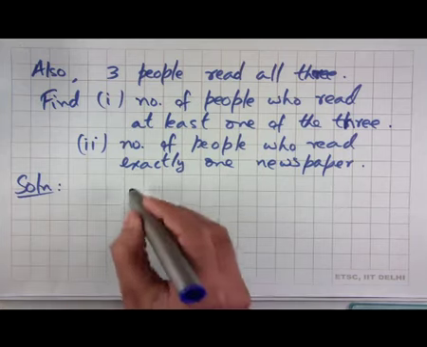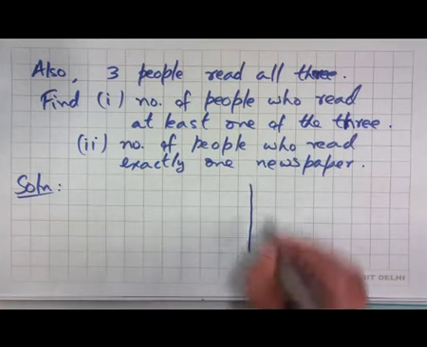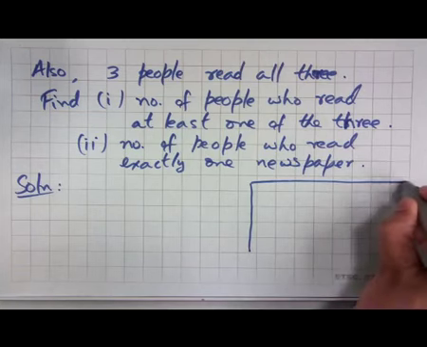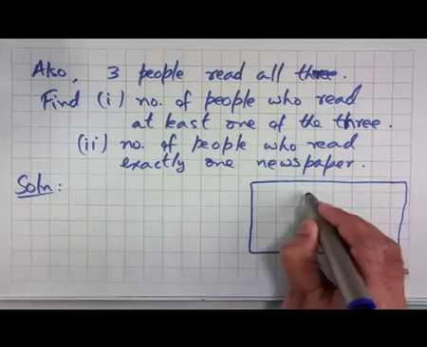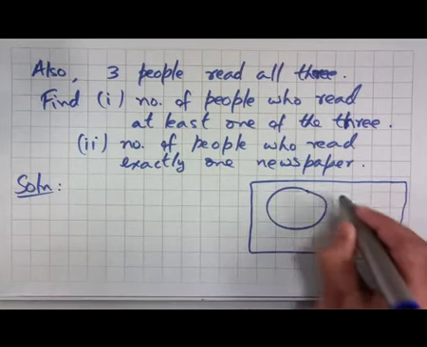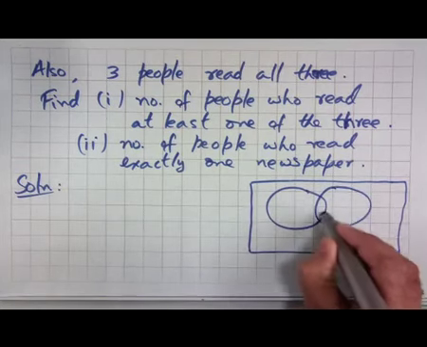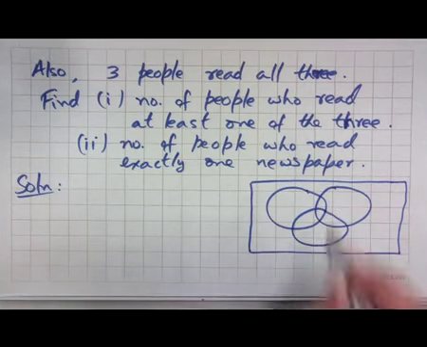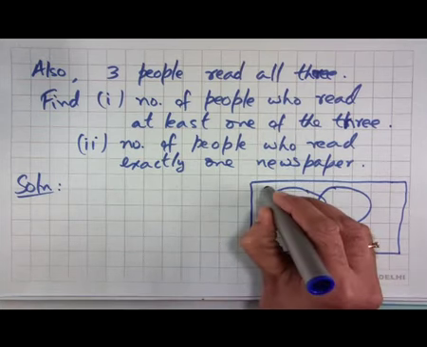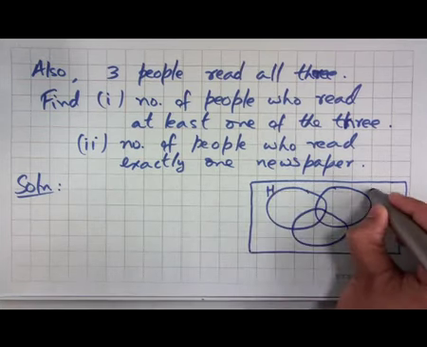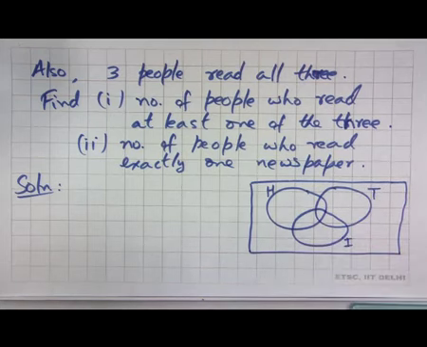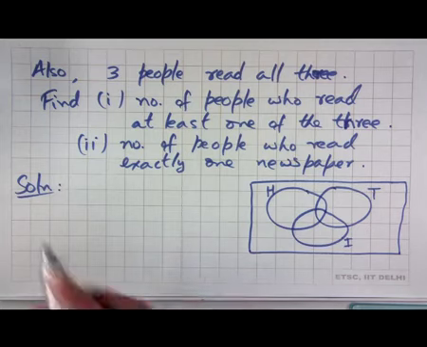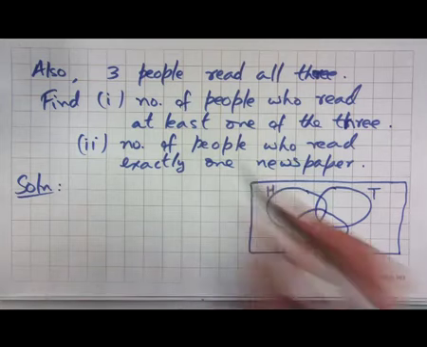So, we have 3 sets H, T and I, and let us write the intersection of all 3.